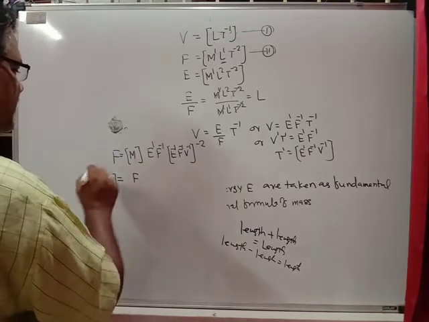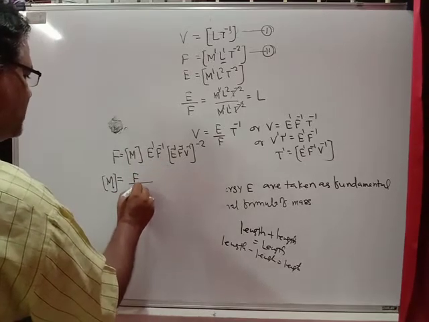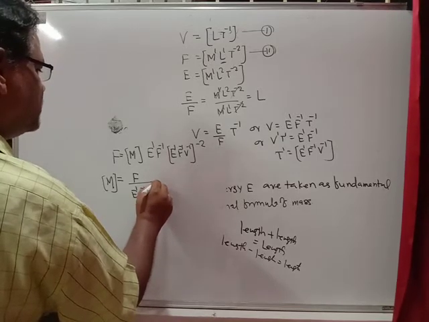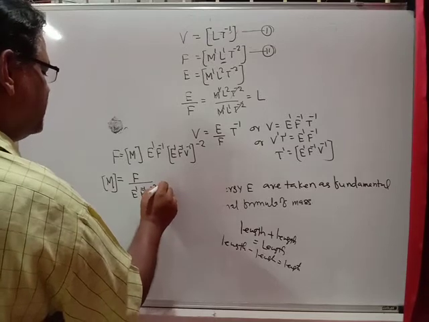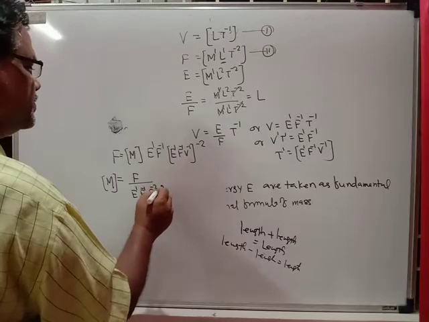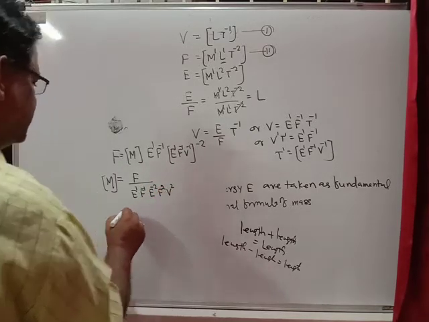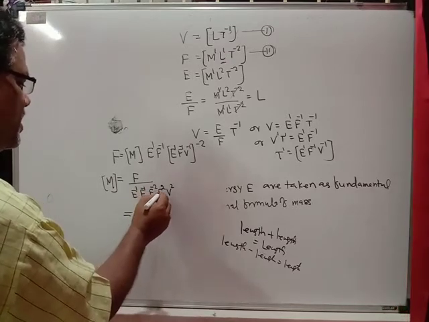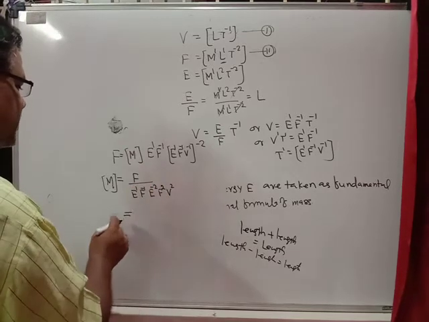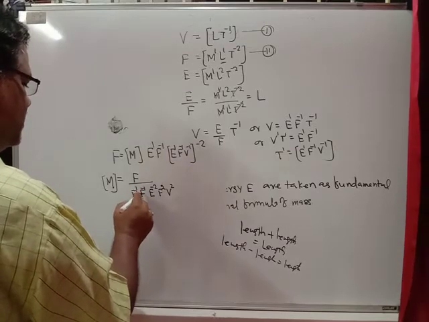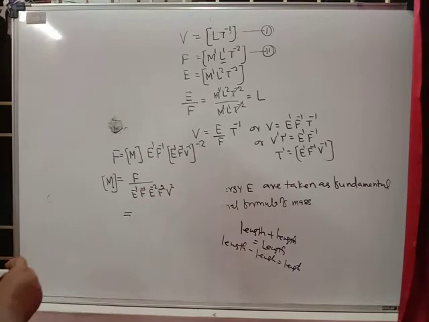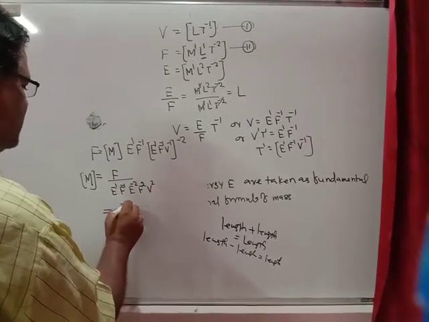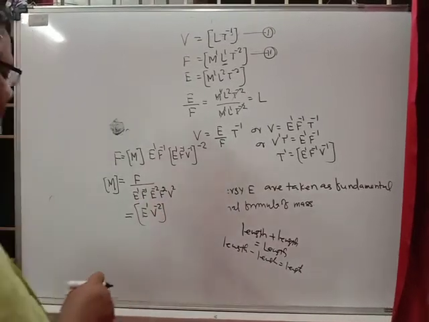That is F divided by E^1 F^-1, which is E^-2 F^2 V^2. So F^-1 times F^2 leaves F, which cancels with the F, and E^-1 times E^-2 is E. So this is the dimensional formula: E^1 V^-2.